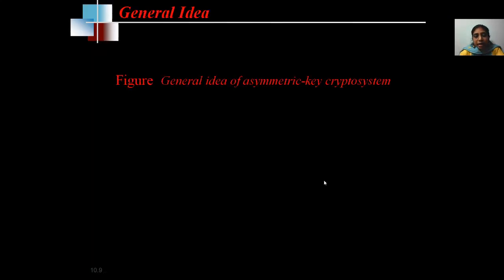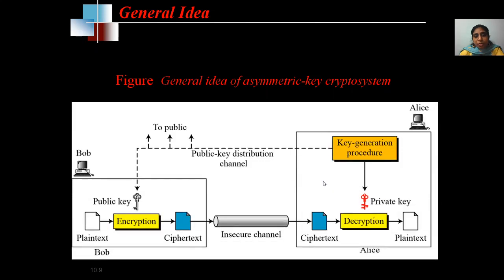The general idea of the asymmetric key cryptography system is that we are going to have two keys, one public and the other private. Both Bob and Alice have public keys and private keys. The public keys are given to the public key distribution channel, where you can get the public keys of the users that you want to send to, and at the end, using their private keys, we retrieve the information.